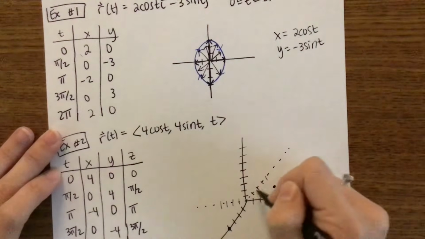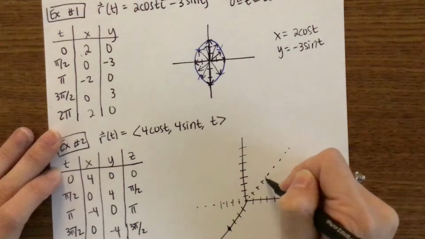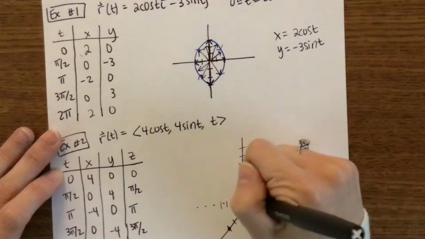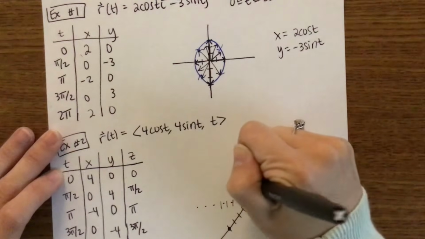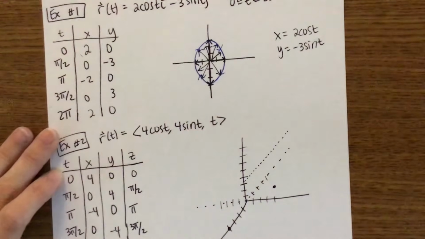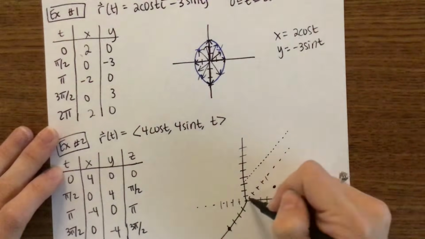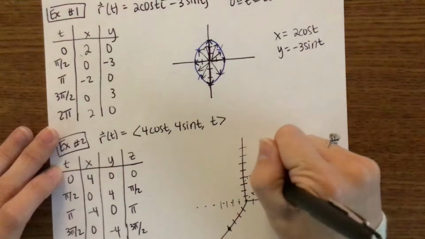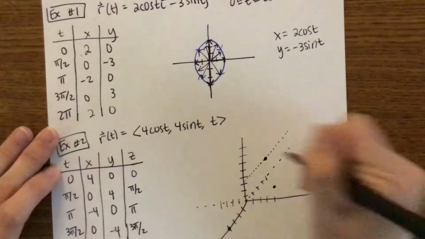Then we have negative 4, 0, and pi. Okay, here's my suggestion here. Pi 3.14 is about here. I would move another dotted line out so that you get the perspective right. So 0, or rather negative 4, 0, and then pi, that's about there.